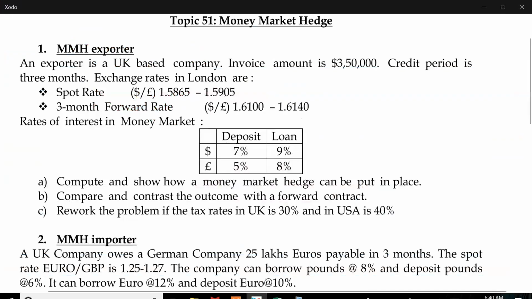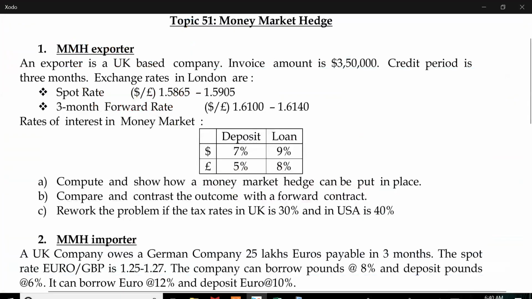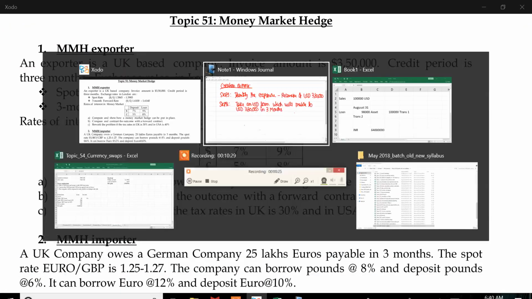In how many months are we required to pay this? 3 months. I'm going to take a loan now. The loan has to mature to 3,50,000 in 3 months. What is the USD borrowing rate? USD borrowing rate is 9%.